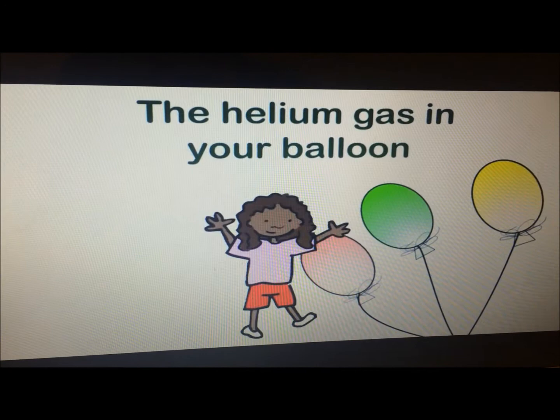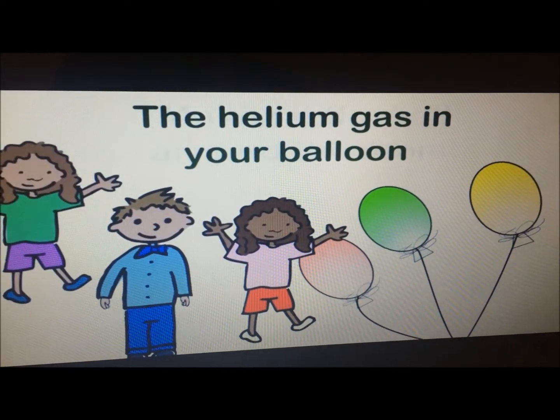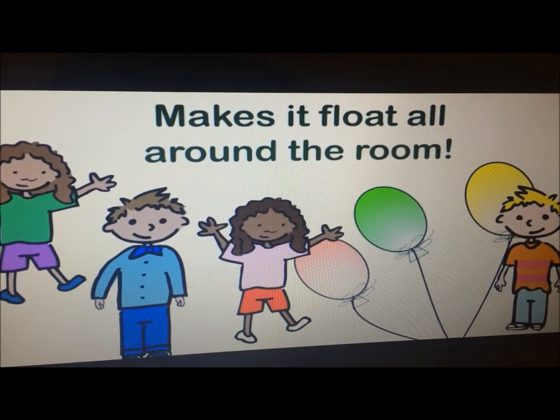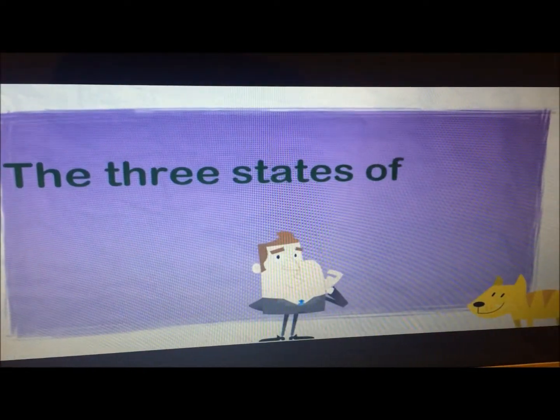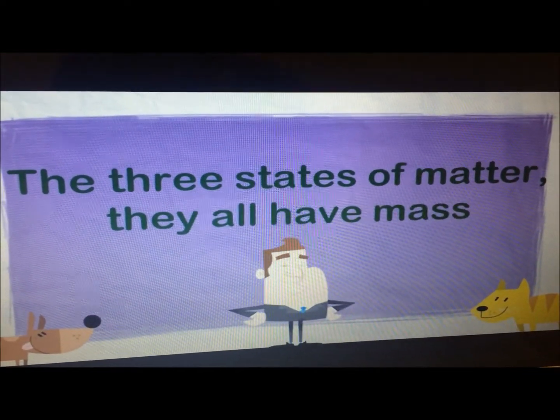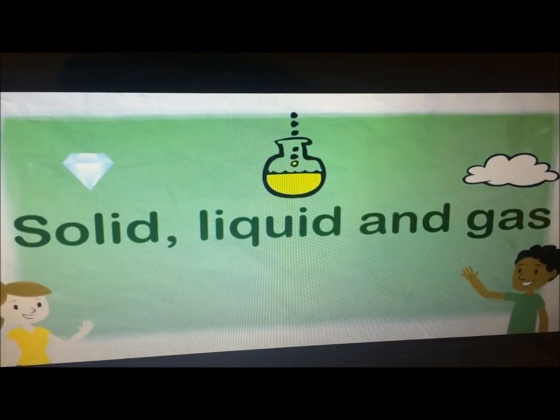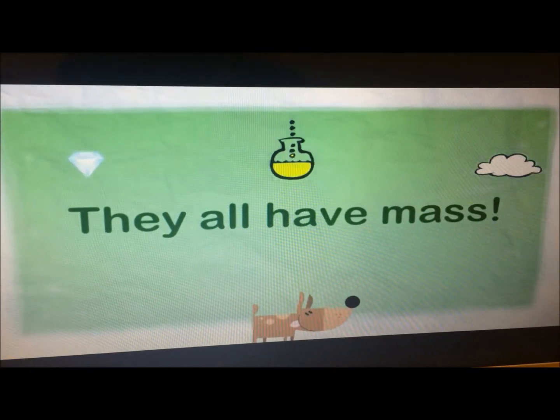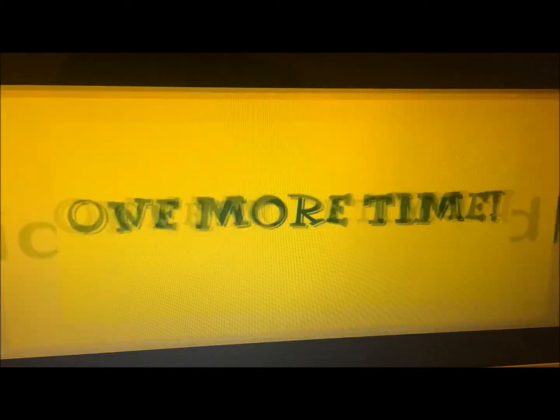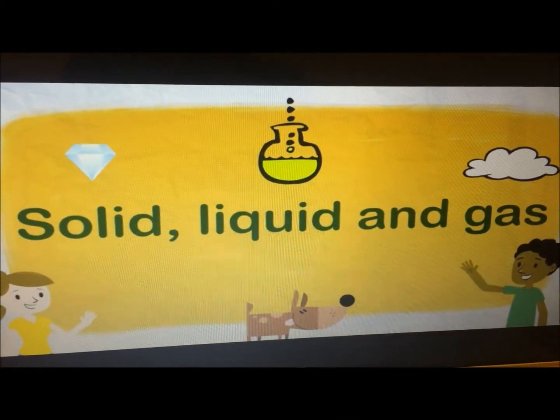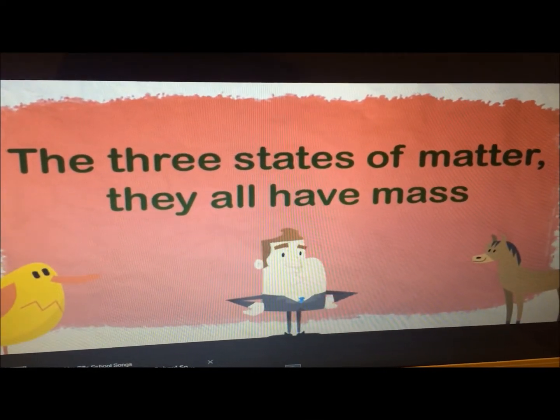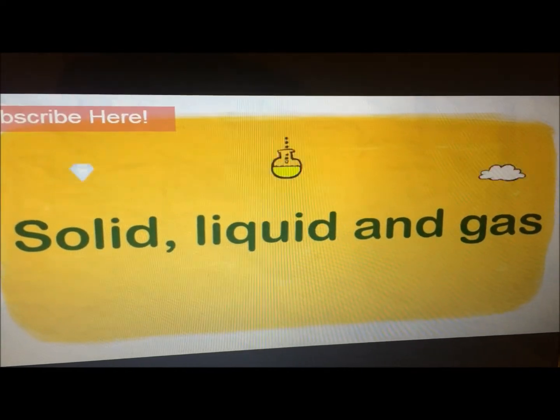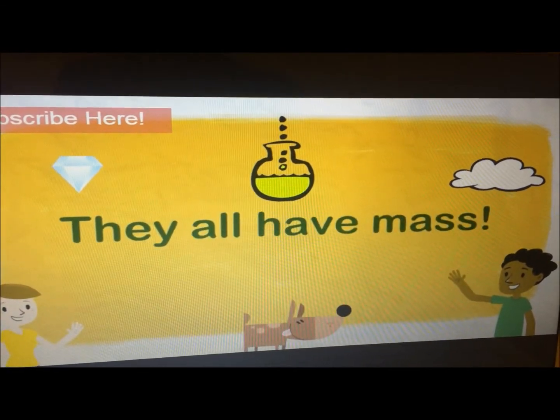The helium gas in your balloon makes it float all around the room. Solid, liquid, and gas. Three states of matter, they all have mass.